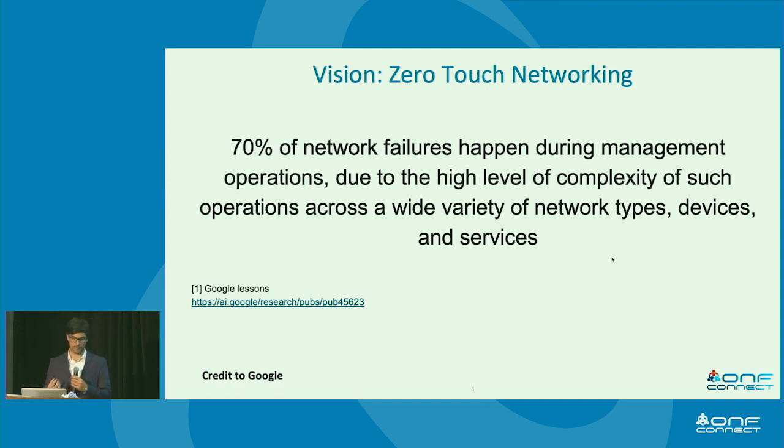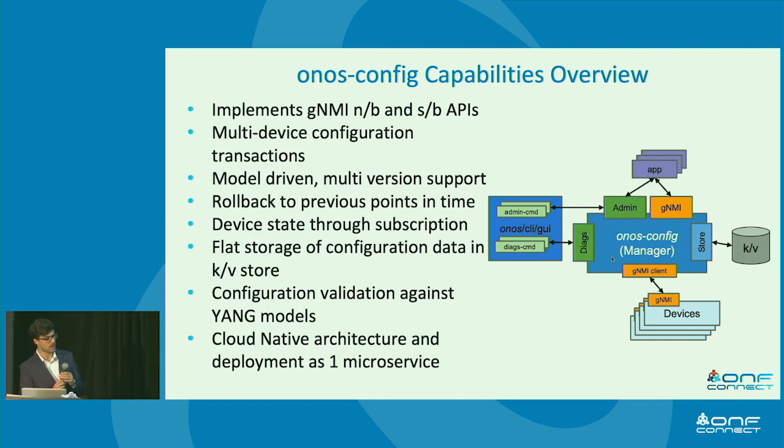So the idea that really fueled the start of µONOS, and especially µONOS-config, is that we want to automate as much as possible the process of configuring the devices in a vendor-independent, neutral way, based on Yang models, that abstracts it as much as possible from the human component, does multi-device, multi-object translations in the network that can be rolled back very easily if something breaks, and can be validated.